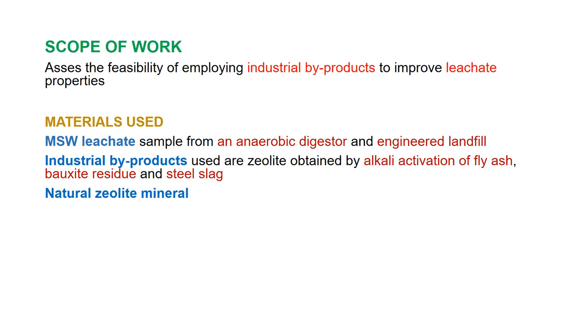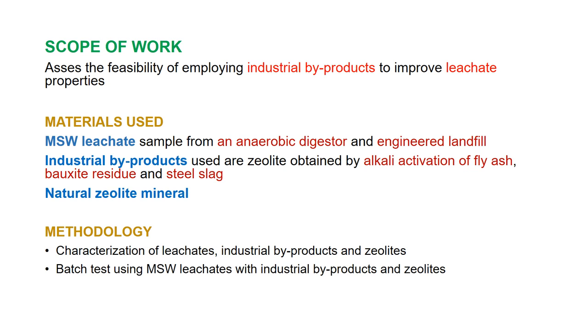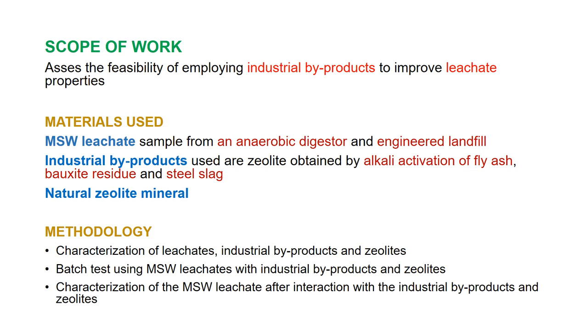Apart from that, an additional natural zeolite mineral was also used for the study. The methodology followed was characterization of leachates and industrial byproducts and zeolites, batch studies, which was used for studying the interaction of the industrial byproduct and zeolites with MSW leachate, and characterizing the final treated leachate which is obtained after the interaction.